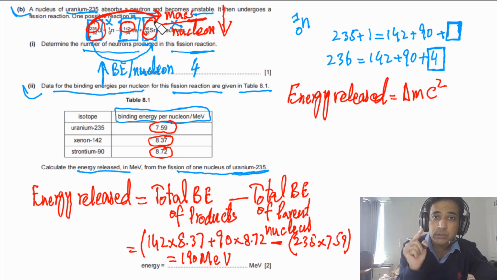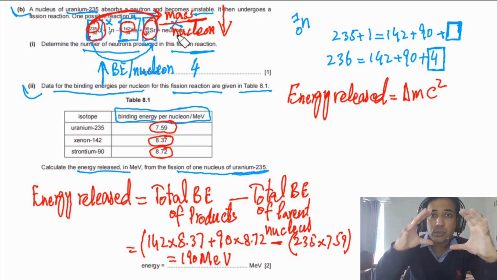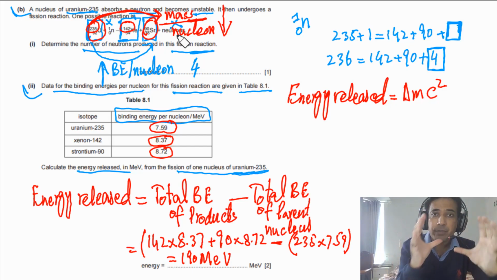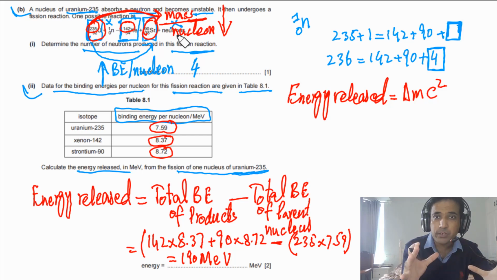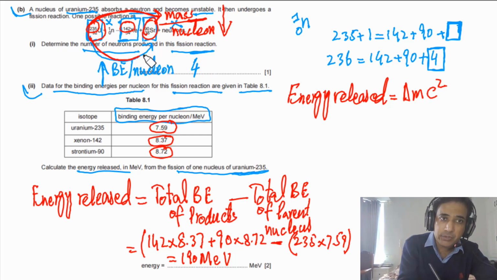But when you are using mass defect, you have to consider the mass of individual particles as well, because we calculate the difference between the total mass of the products and the total mass of the parent nuclei. So these points you have to be clear about. And in every reaction, binding energy per nucleon of the products is greater than binding energy per nucleon of the parent nucleus. If these points are clear to you, you can handle these questions with confidence.